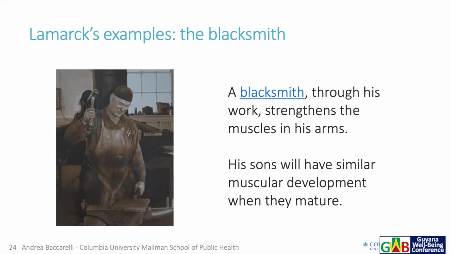The idea is that this is, in a way, inherited biologically. Through the sperm, there is some type of signal that a blacksmith has worked out all of his life and bulked up because of his job, and this information of being bulked up gets transmitted to his sons and perhaps to his daughters, but he really thinks about the sons, which is interesting, and I'll show you in a second why.